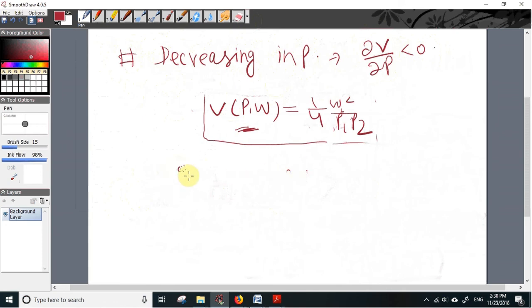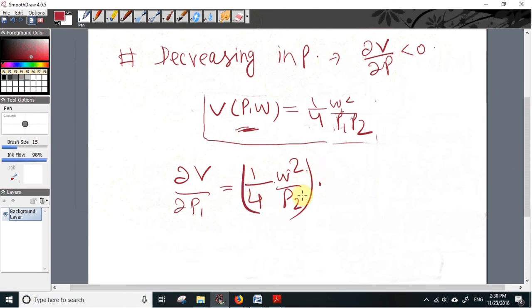So now here we can calculate del V over del P1. This is 1/4 times W square over P2. These are constant, and we just differentiate 1/P1 only, and the derivative of 1/P1, which is P1 to the power -1, is -1/P1 square.